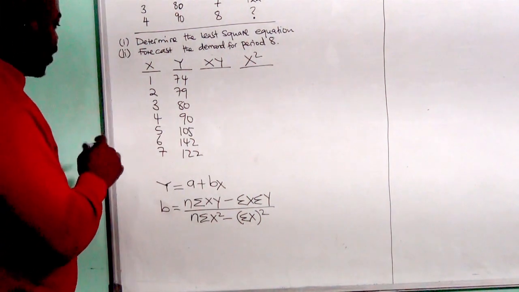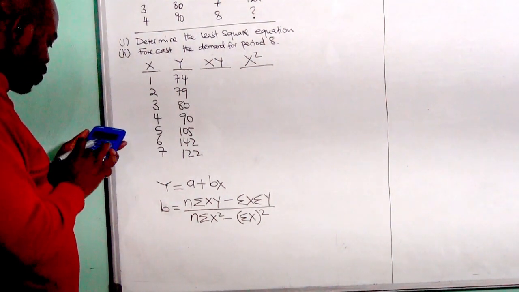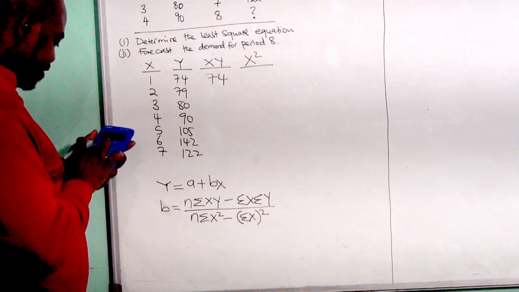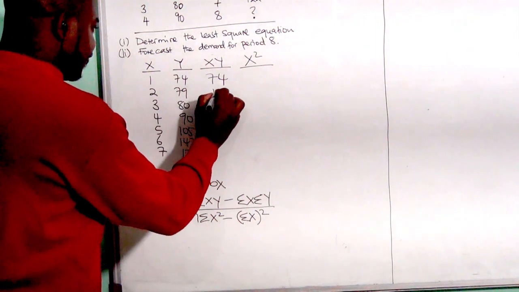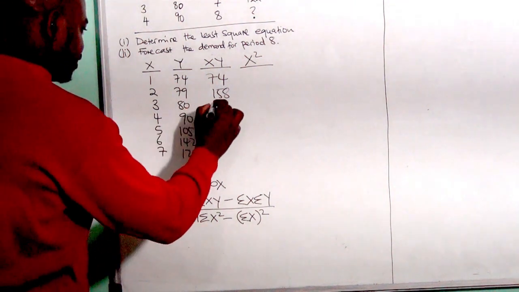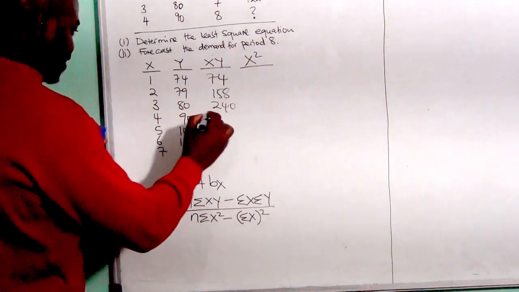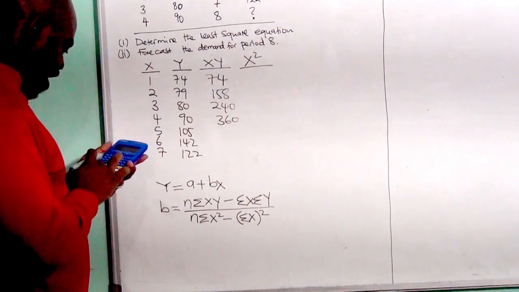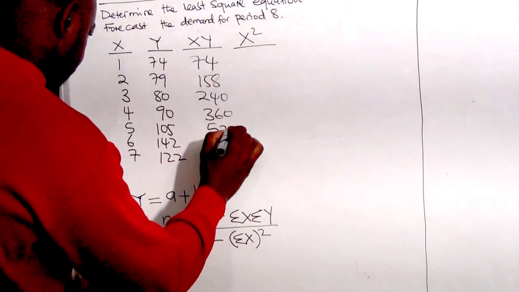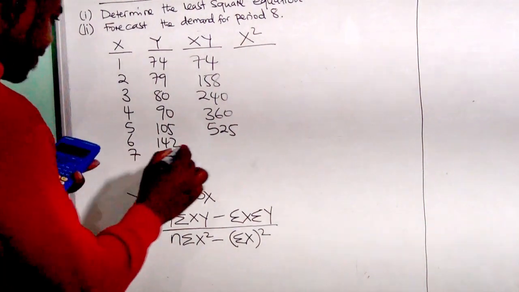For xy, I'm just multiplying the x and the y. 1 multiplied by 74 is 74. 2 multiplied by 79 is 158. 3 multiplied by 80 is 240. 4 multiplied by 90 is 360. 5 multiplied by 105 gives me 525. 6 multiplied by 142 gives 852.